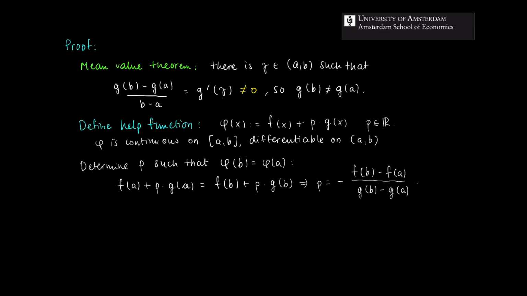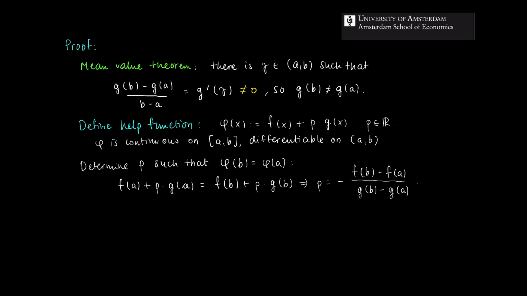Now we are in this world where we have defined a new function on [a, b] such that in the endpoints it is at the same level, so phi(b) equals phi(a).